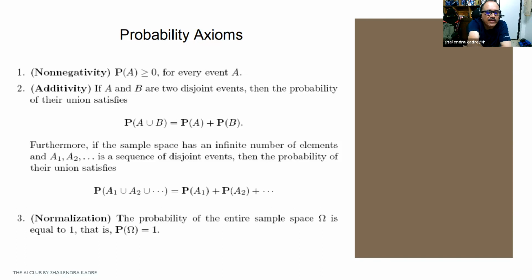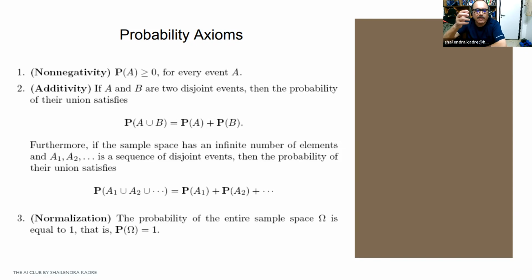Disjoint events mean mutually exclusive events, nothing common. So A1 union A2 union A3, all are disjoint events. Disjoint means there is nothing common between A1, A2, A3, and so on. So it will be P(A1) plus P(A2), like that you can do it. Normalization. If I take all the sample space, all the possible probabilities, the sum will be 1.